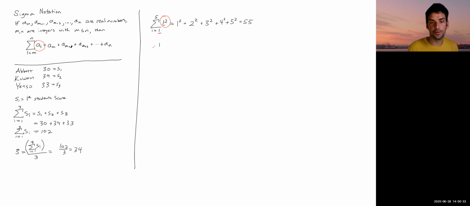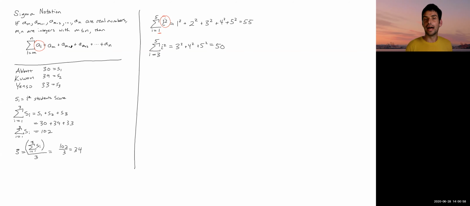Let's do an example where we don't go all the way from 1. We can start at 3, say, and go to 5 of i squared. So now we'd be doing 3 squared plus 4 squared plus 5 squared, which gives us 50, right? So there's an example of summation notation.